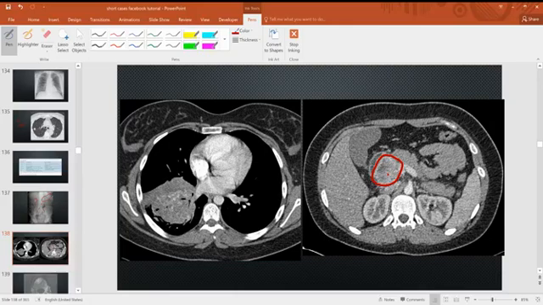If we can put both together, what is the most likely differential diagnosis? Let us see your answer.